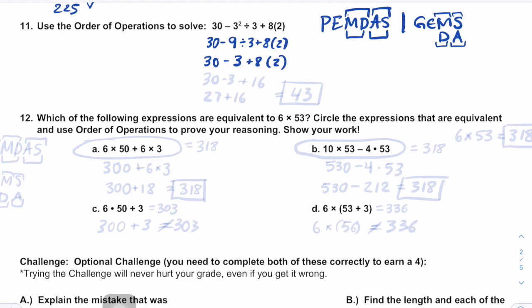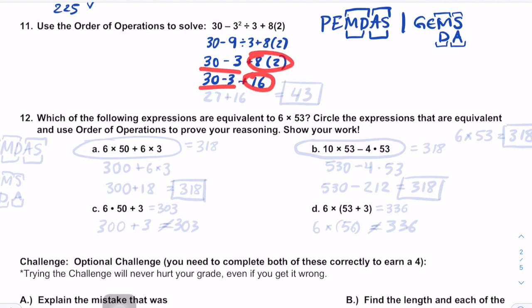And I can go ahead and look back to see if there's any multiplication left, any division left again. I do see that there's still some multiplication. And we know that anytime there's a number outside of parentheses, we're going to multiply that number times the number that's on the inside. So here we would do 8 times 2 to get a product of 16 and rewrite the rest of this again.